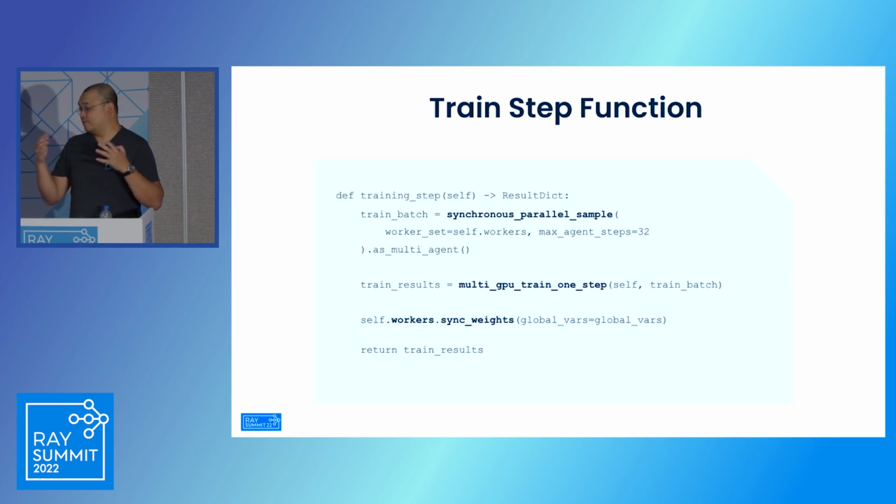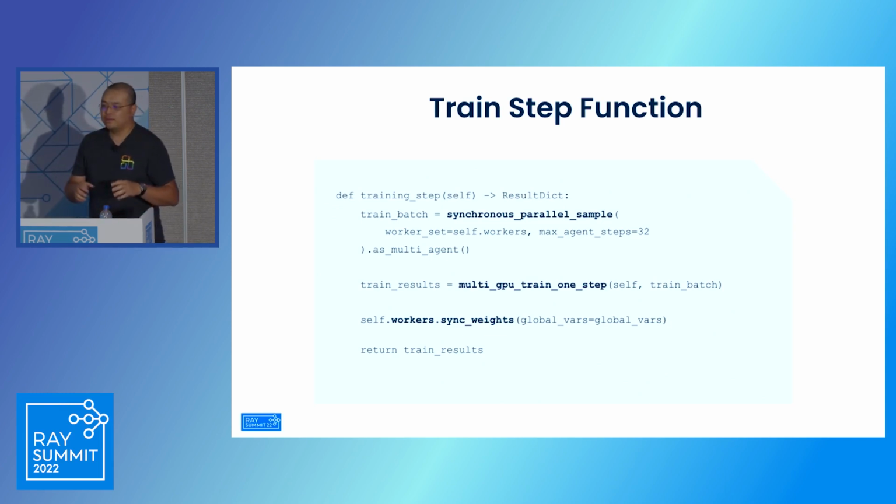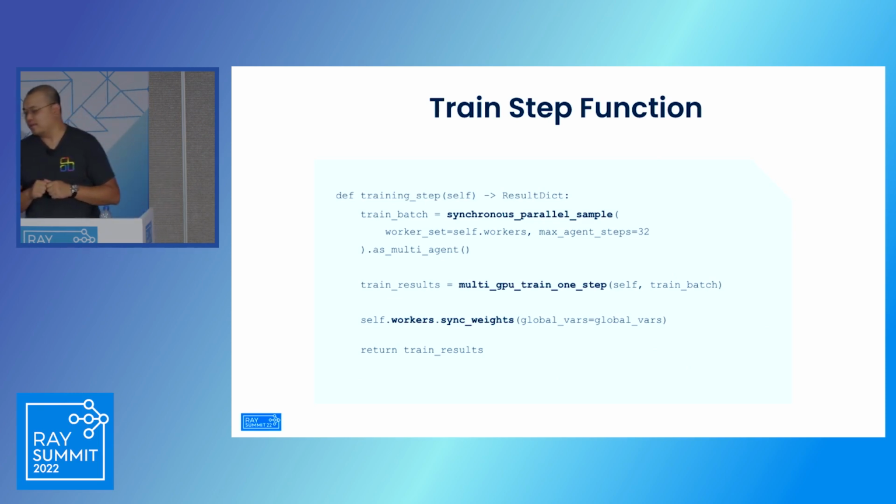And then after the training step is done, you call the sync weights function to send the updated weights to all the rollout workers, right? And this becomes a much more natural-looking implementation than the old execution plan. We did this based on a lot of user feedback from you guys. We hope this is much easier to work with going forward.